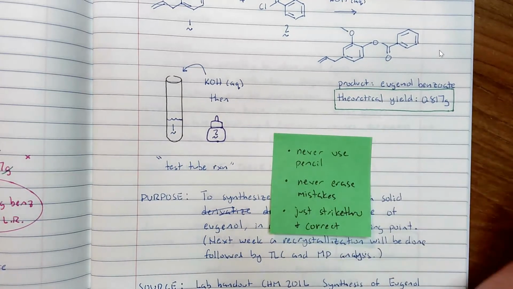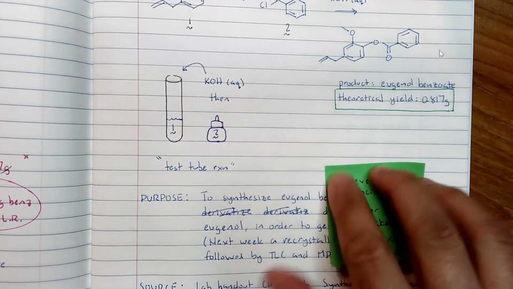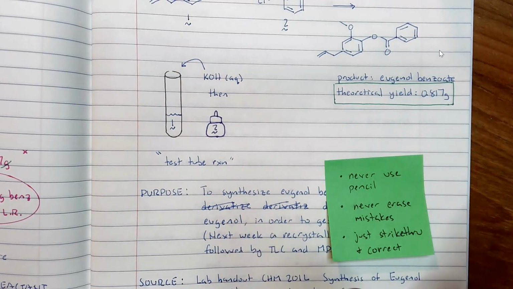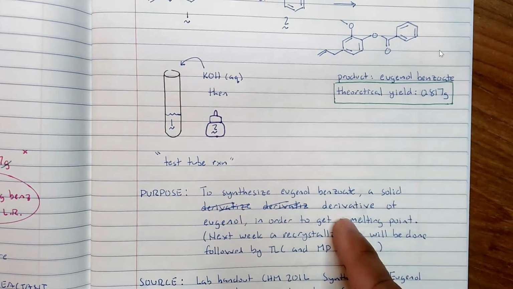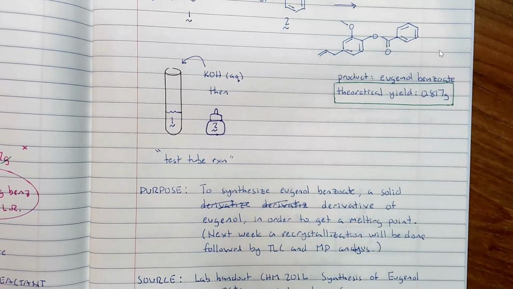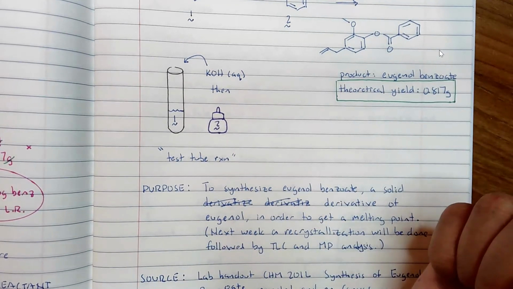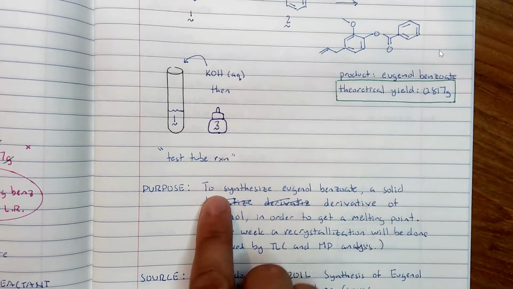As you know, in your lab notebook you never use pencil, but here I'm also demonstrating to never erase mistakes, never erase typos. Just strike through once or twice, and then make your correction. It's not good practice to have erasing in lab notebooks or have something totally blacked out.